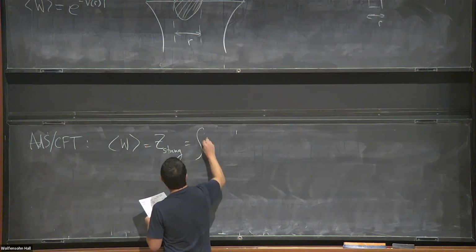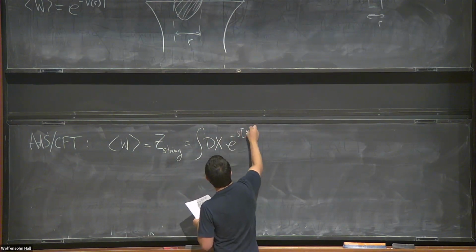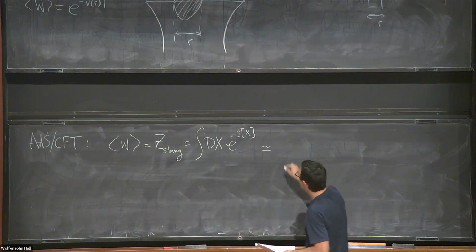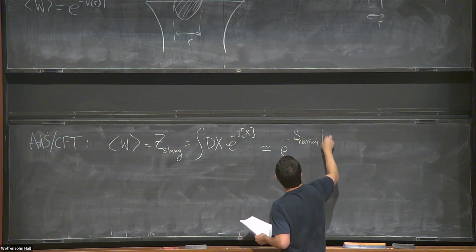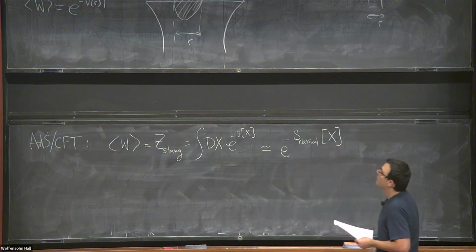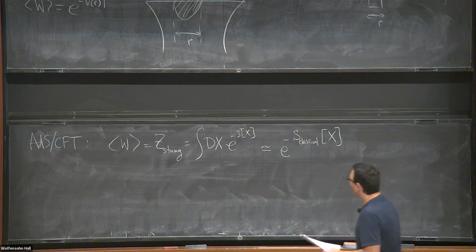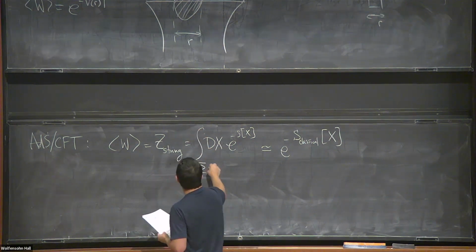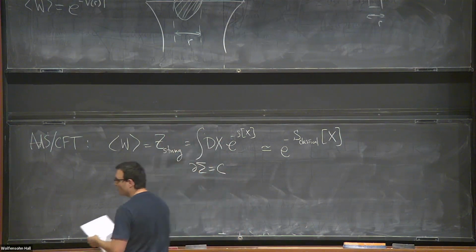Z_string is the integral over the string worldsheet of e to the minus the action. By a saddle point approximation, this is e to the minus the classical value of the action for the shape of the worldsheet that minimizes the action, with a boundary condition that the boundary of the string worldsheet is the contour in the gauge theory.